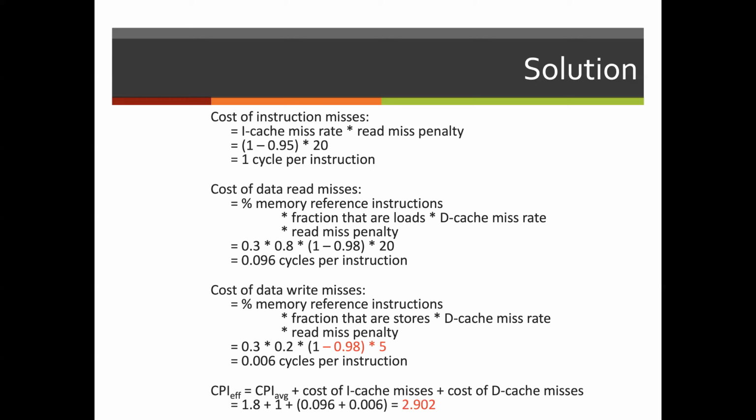This simplifies to the values that we've computed: 1.8 plus 1 plus 0.096 plus 0.006, and that is going to give us a value of 2.902 effective CPI. With this solution, it's just a matter of being able to identify and set up the problem and determine the appropriate values to plug into our equation.